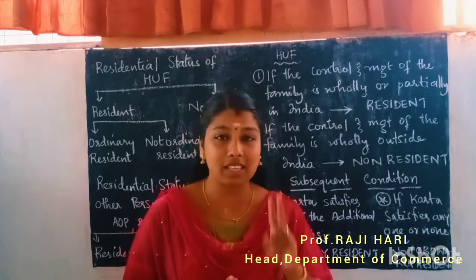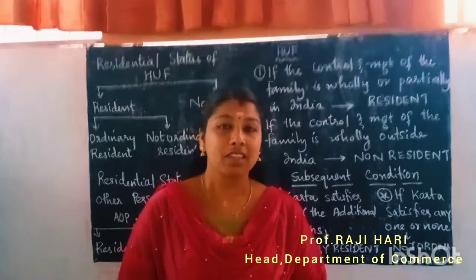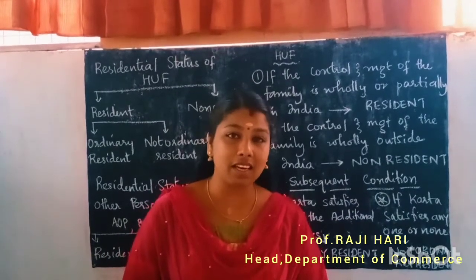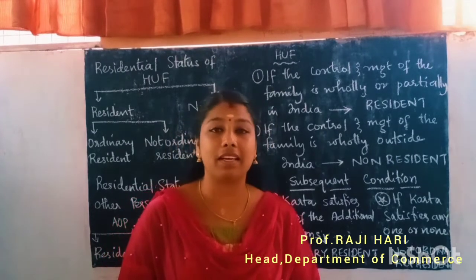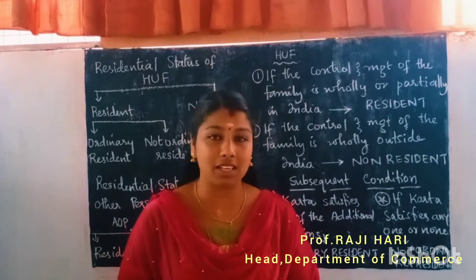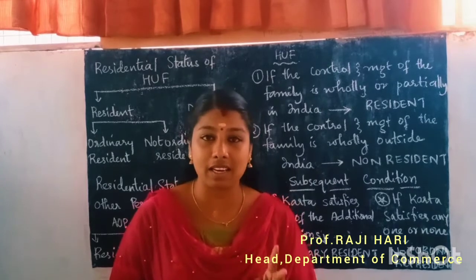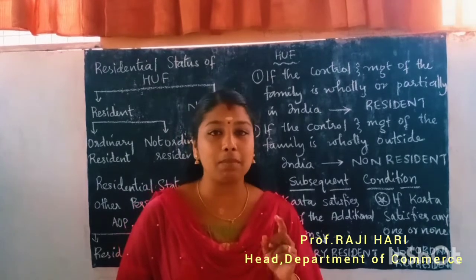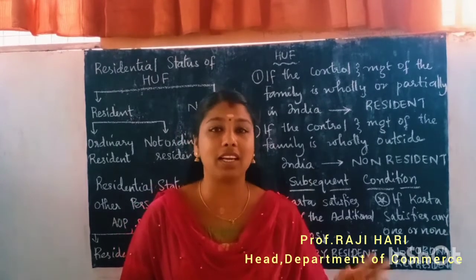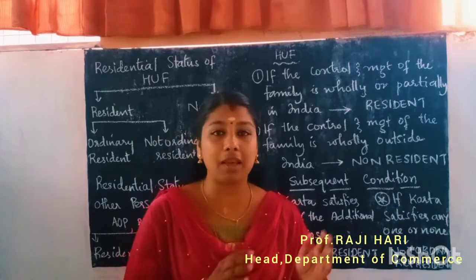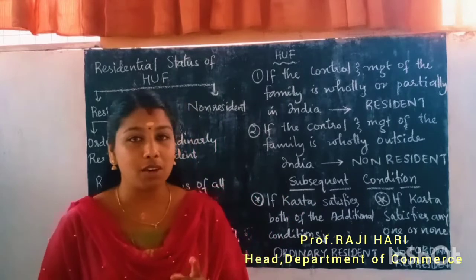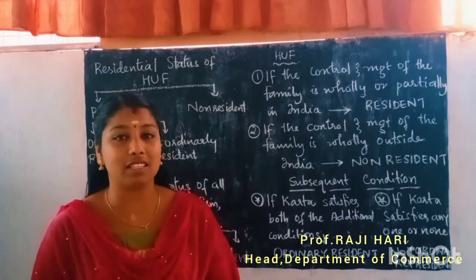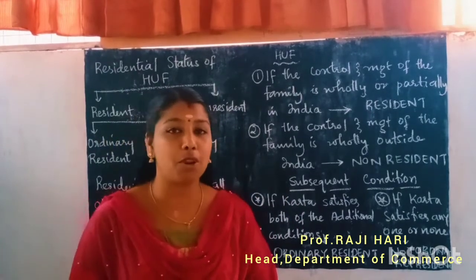And the second additional condition, he was resident in India for at least 2 years out of 10 years immediately preceding the previous year. That is, in case of additional conditions, an individual must satisfy both of the additional conditions to become an ordinary resident. If he satisfies any one or none of the additional conditions, he is termed as not ordinarily resident.